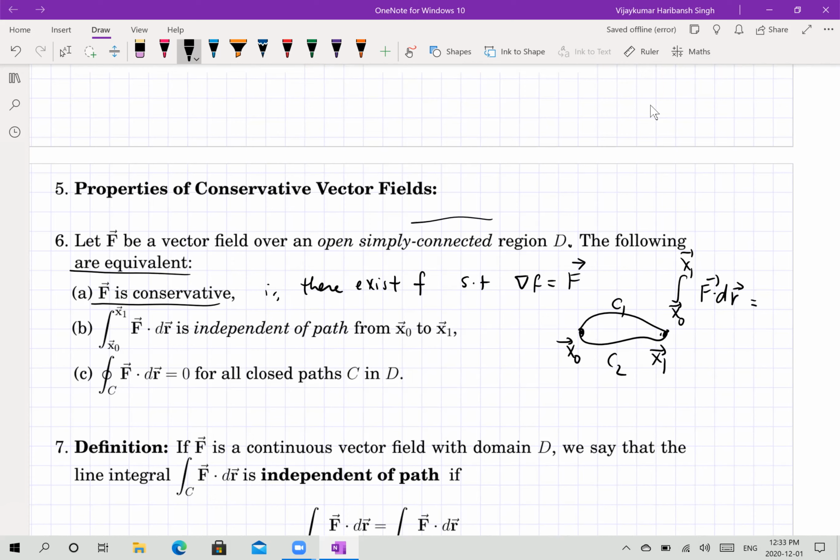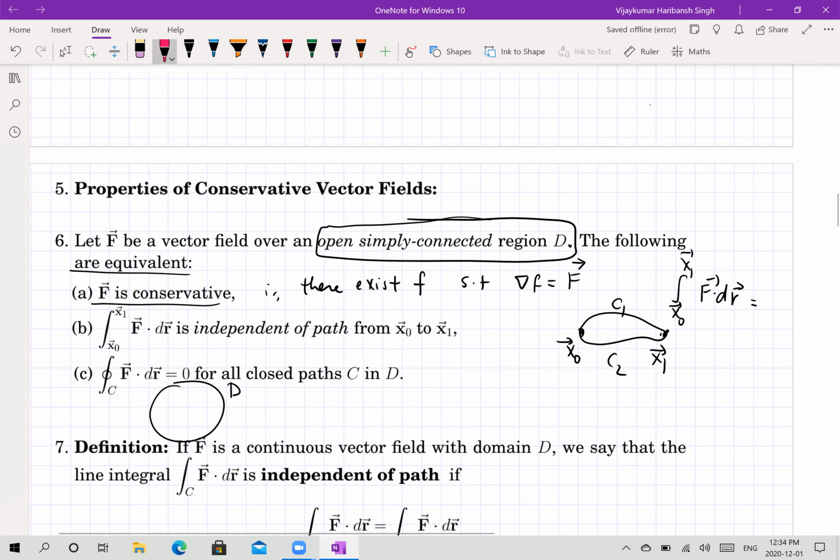Note that our D is simply connected here, right? So this is your region D, and if you take any closed curve, then the closed integral of F dot dr is going to be 0.